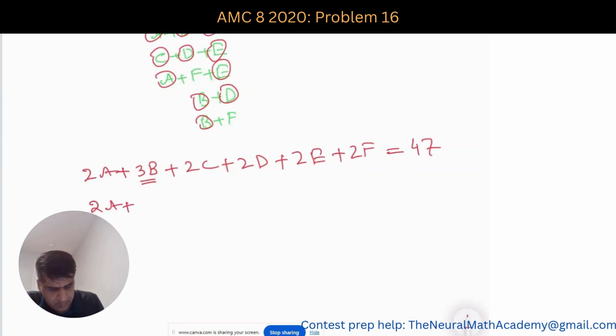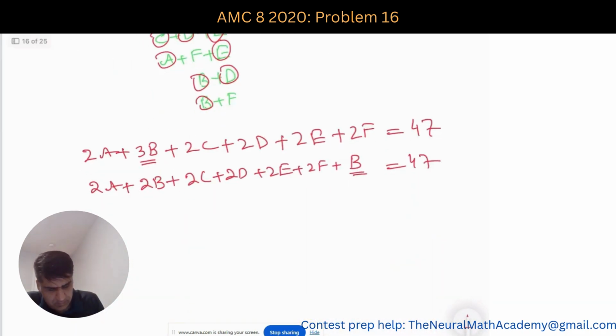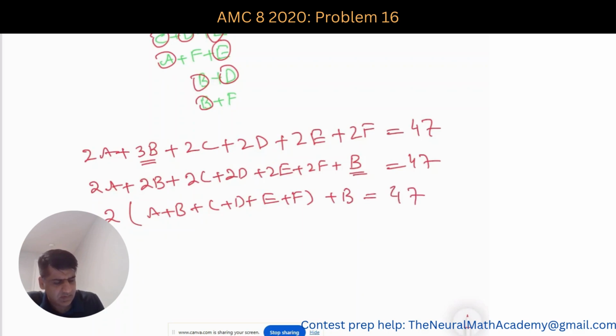2A plus 2B plus 2C plus 2D plus 2E plus 2F plus B. So I just brought this B outside here, and now I can write this sum as 2 times (A plus B plus C plus D plus E plus F) plus B equal to 47.